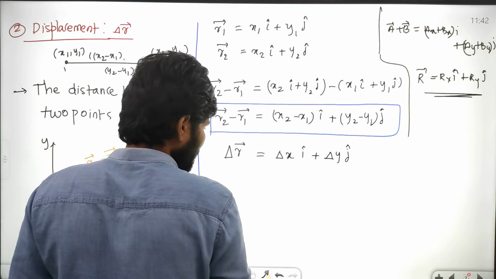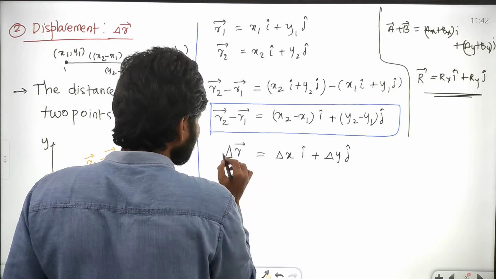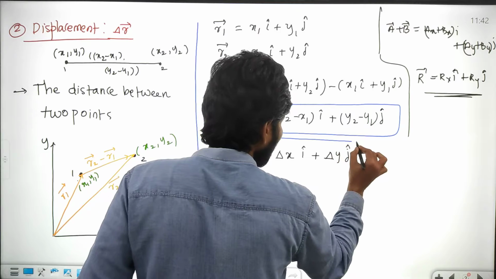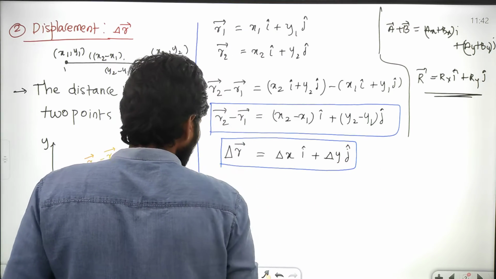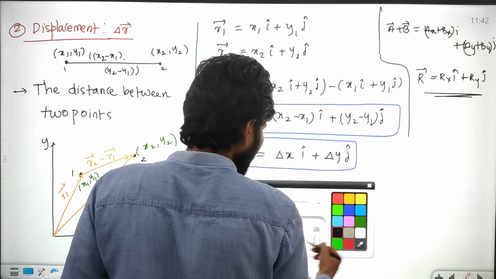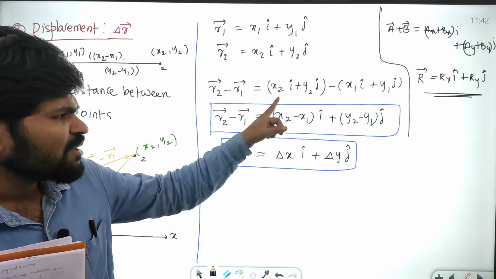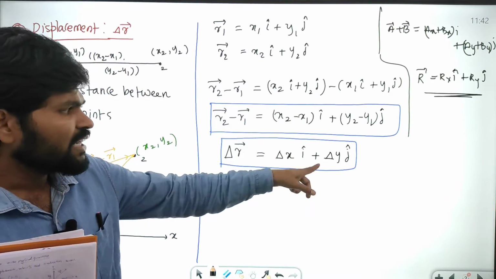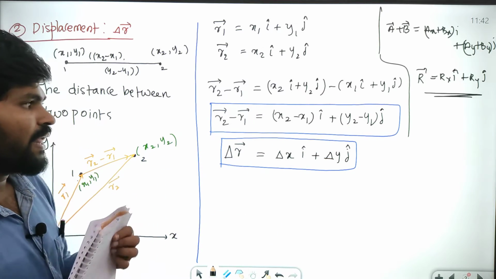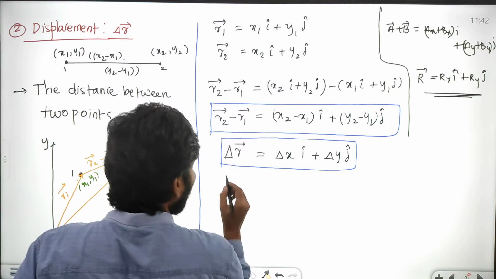Don't confuse the simplification form with the original form. If you see any question like this, immediately imagine that delta x is nothing but x2 minus x1, and delta y is nothing but y2 minus y1.